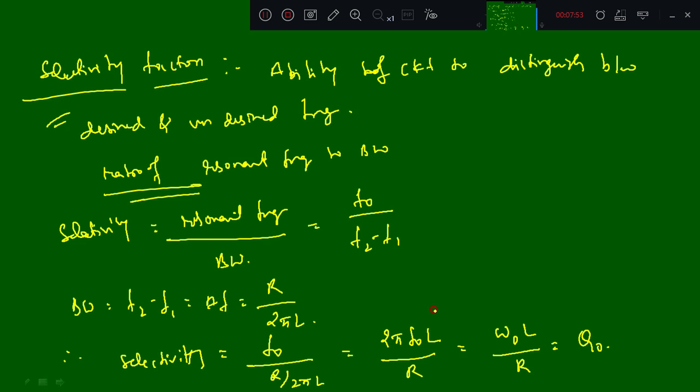Therefore selectivity is nothing but the Q factor in a series resonant circuit.